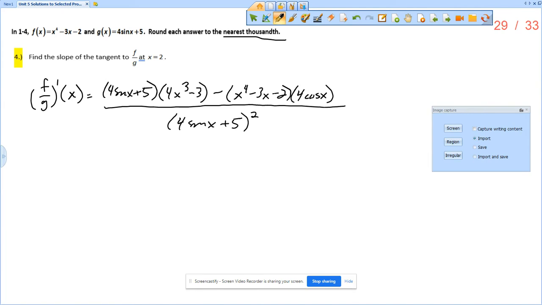So that is our derivative, and we want to find (f over g)' of 2.